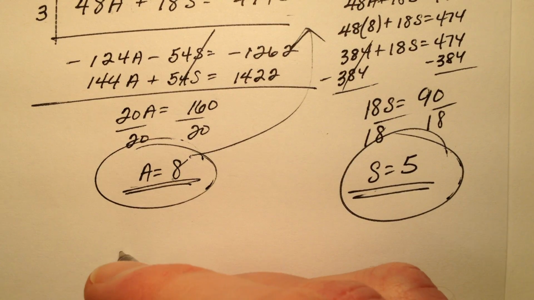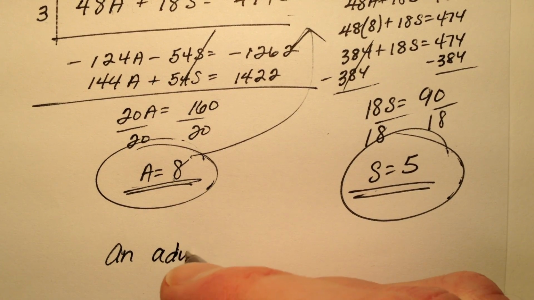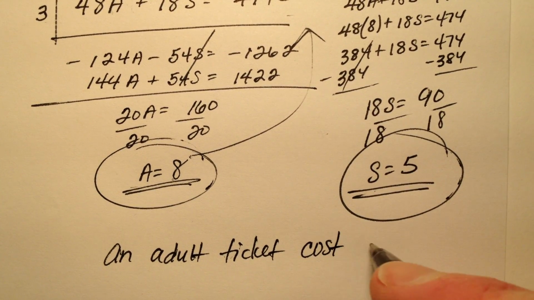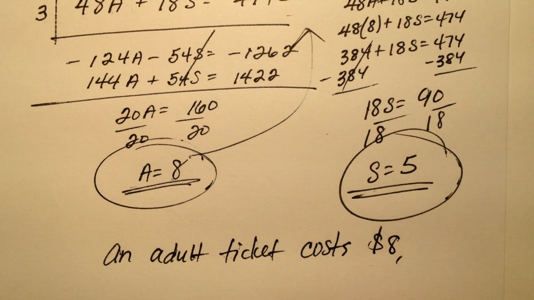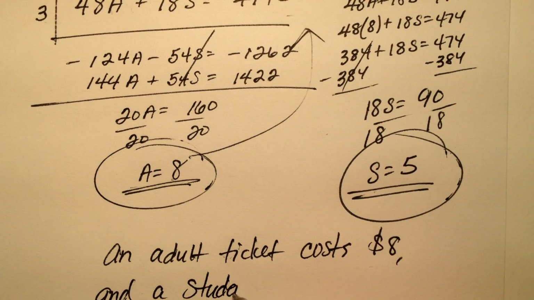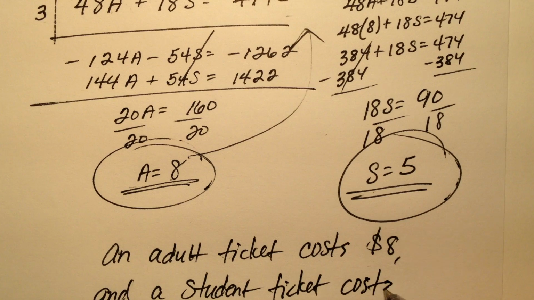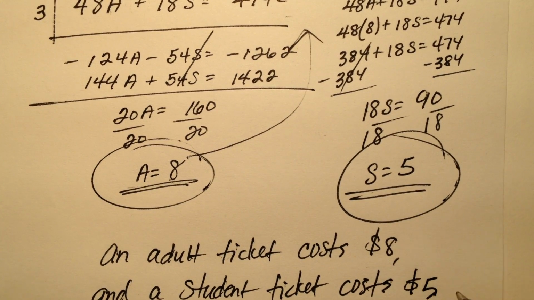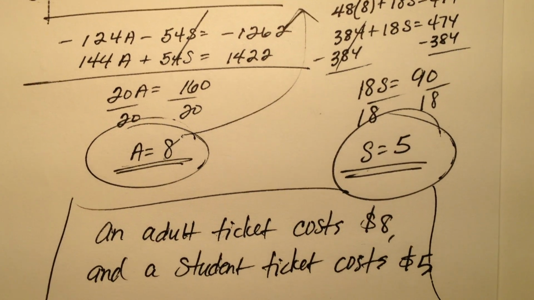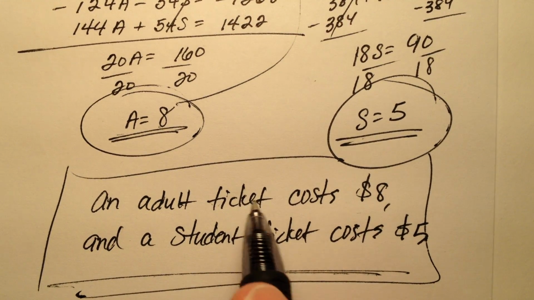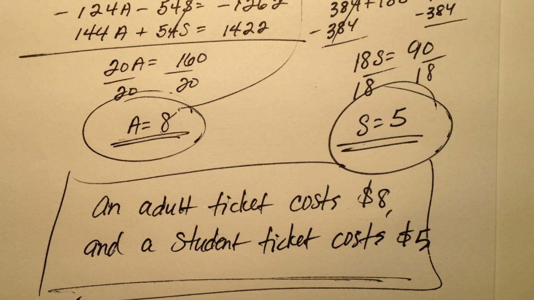So I could say something like, an adult ticket costs $8, and a student ticket costs $5. Okay, so here we have our sentence, which kind of summarizes our word problem after we used elimination to solve the system.